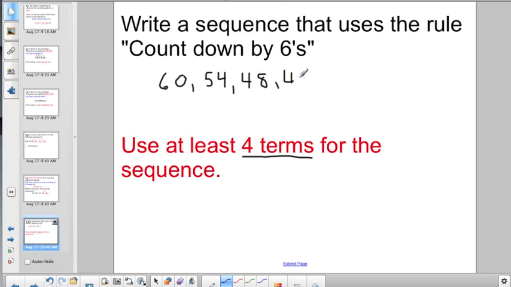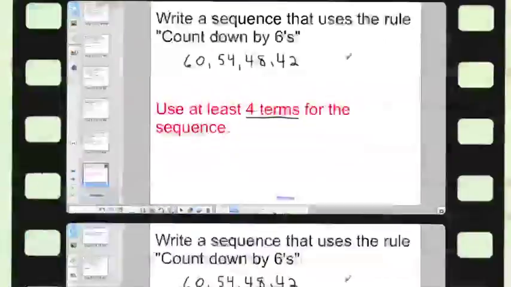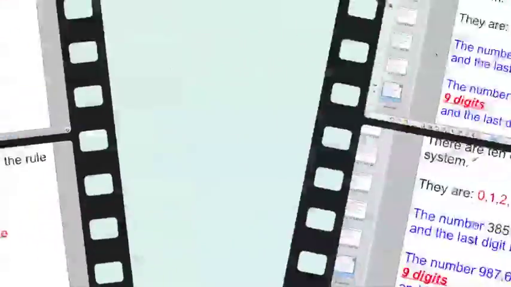It doesn't really matter where you start, but like I said, most of the time you don't want to go past 0, and if you do and you're stuck, all I'm going to tell you is erase and start over. Let's try another one here.